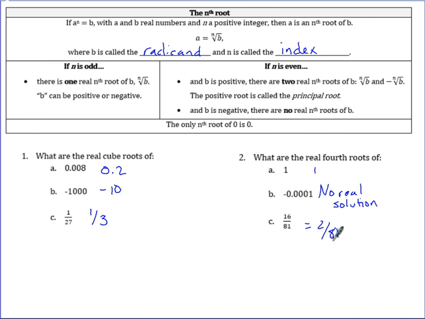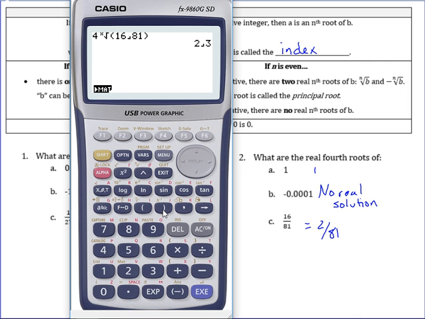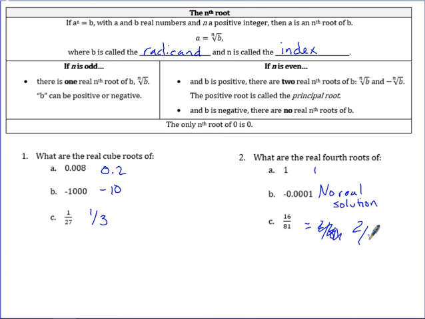So 2 over 81, that answer really doesn't make sense, because why is the 81 still the same? The reason is when we put it in our calculator, we need to make sure that we're putting that fraction in parentheses. So before, the calculator just took the 4th root of 16, didn't include the 81, so I'm going to put that in parentheses. And my answer here is actually going to be 2/3.